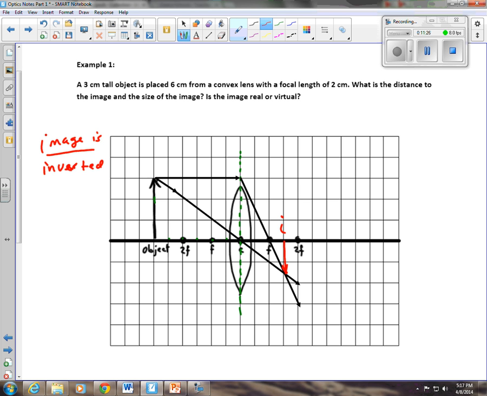The object was pointing upward and it's pointing downward. It is shrunk. Okay, the original was 3 high, and that's obviously less than 3 below the axis. And it is what's called real, because the light does actually get to that point. That parallel ray does go down through the focus. The ray going straight does go down through the center, and the light actually gets to where the image is.